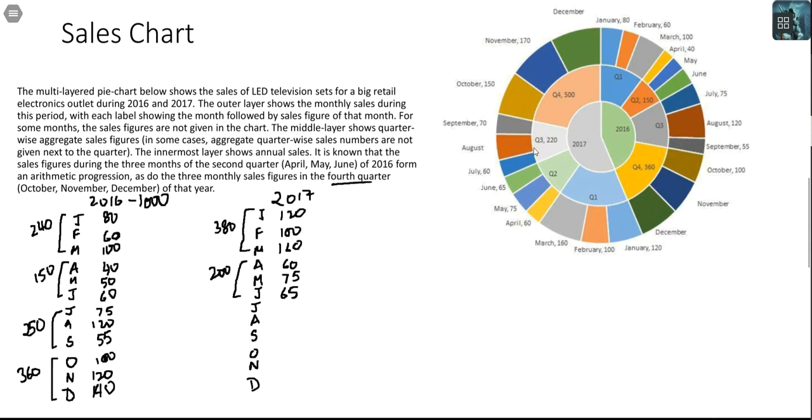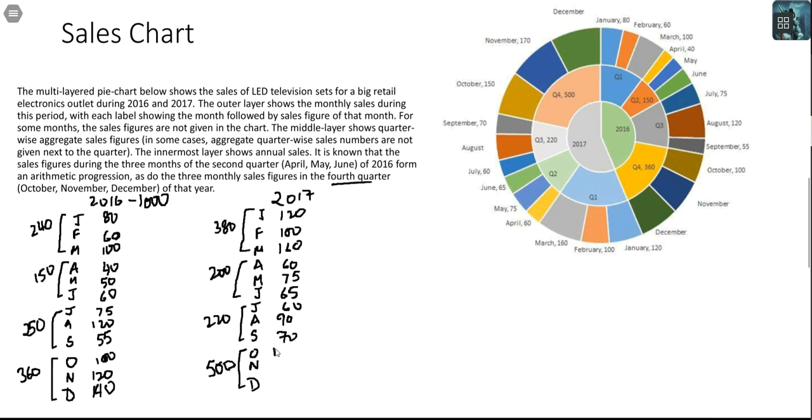Okay. For quarter 3, I know the total to be 220, and I have two values, 60 and 70. This is 60 and this is 70. So the value in between should be 90.